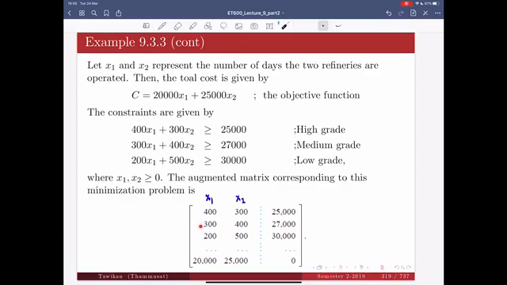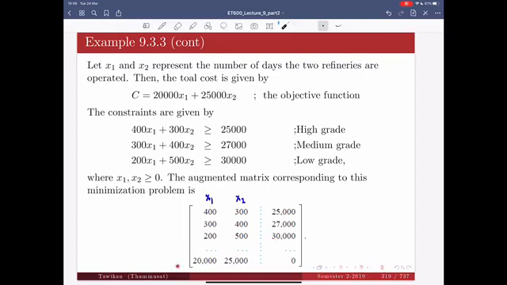Same idea for the second row: the coefficient of S1 is 300, the coefficient of S2 is 400, and the constant term is 27,000. For the third row, the constraint on the low-grade oil, 200 is the coefficient of S1, 500 is the coefficient of S2, and 30,000 is the constant term on the right-hand side of the inequality.